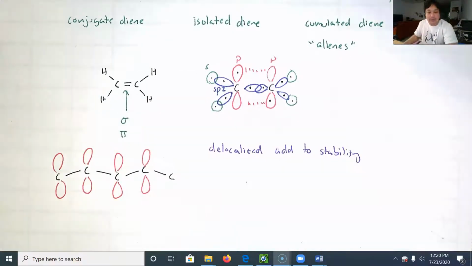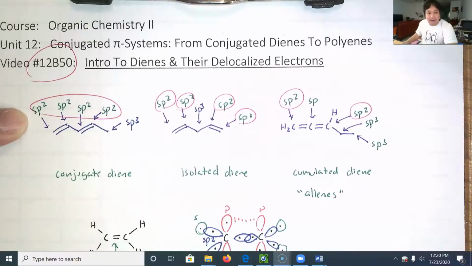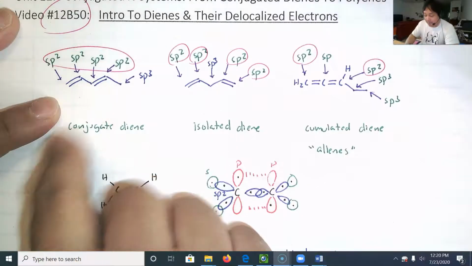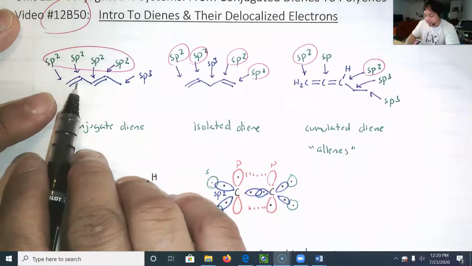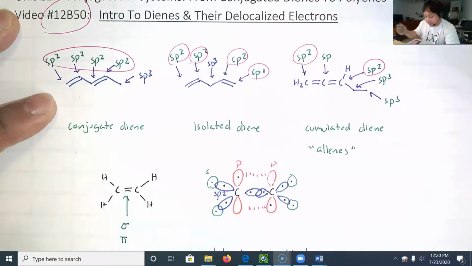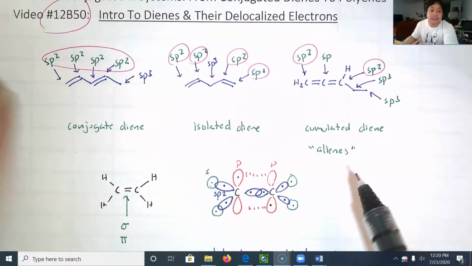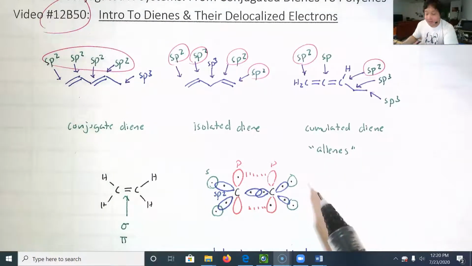Because I have 4 sp2 carbons in a row, right here. Okay? Look at those. How many pi electrons do I have? I have 1, 2, 3, 4 pi electrons. Pi electrons are the electrons that are involved in pi bonds. Or the shortcut is the pi electrons are in the p orbitals.